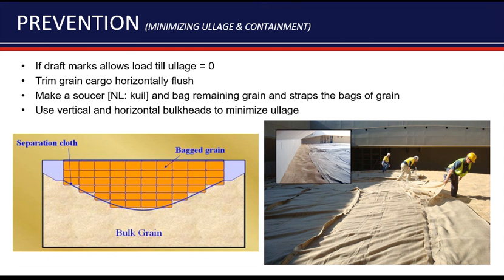That's allowed to minimize the movement of the grain. Another option is using vertical and horizontal bulkheads to minimize the ullage.